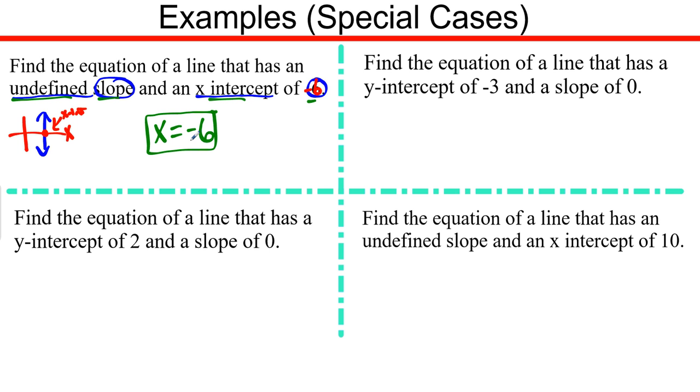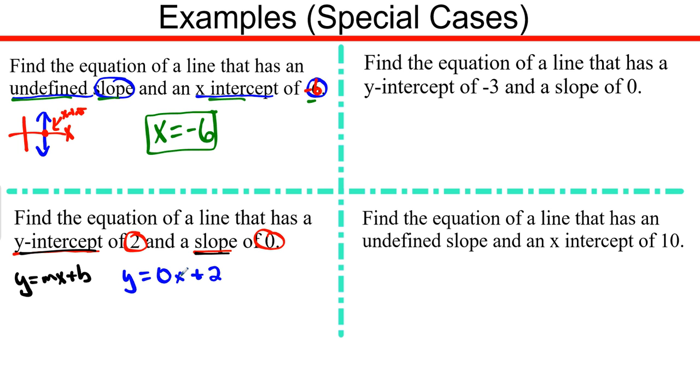Let's now jump to the bottom one underneath it, because I'm going to have you do the one to the right. So we're going to go to the bottom left one right down here. Find the equation of a line that has a y-intercept of 2 and a slope of 0. This one, we can go straight into y equals mx plus b, because they give us our slope and our y-intercept. We plug it in, and it looks like this: y equals 0x plus 2.